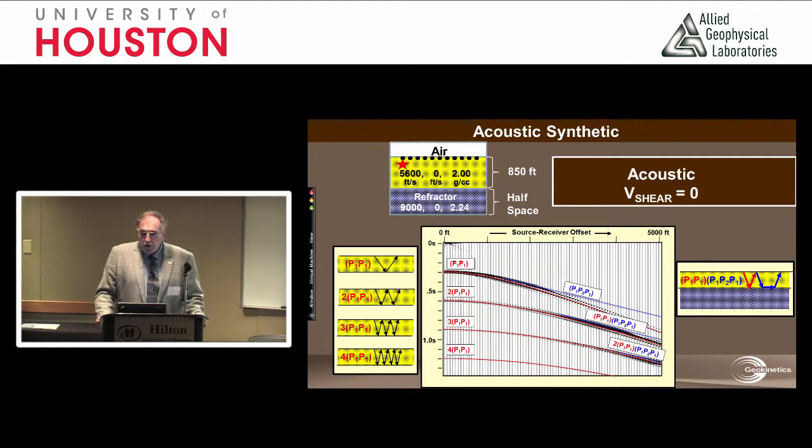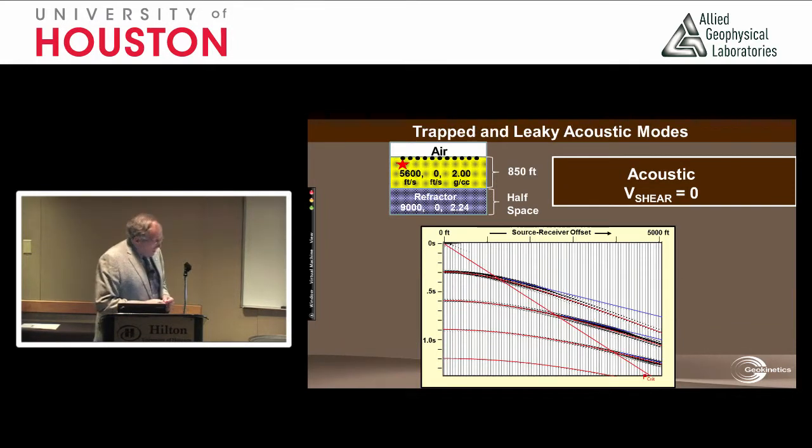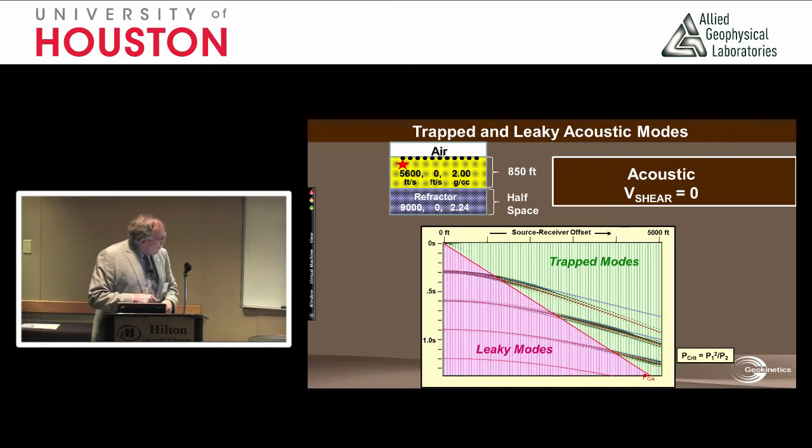Now, very simple. This is an acoustic case, and we find it's not too difficult to identify them. So let's look at one more thing about this. We said that the shear wave is equal to 0. And there is a bigger amplitude sitting right here on either side. There's something that I call precritical, and that separates the leaky modes versus the trap modes.